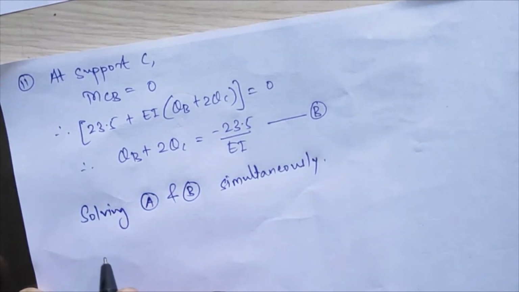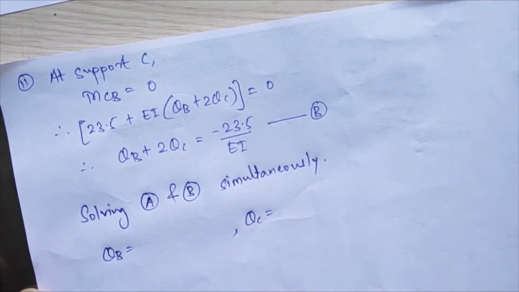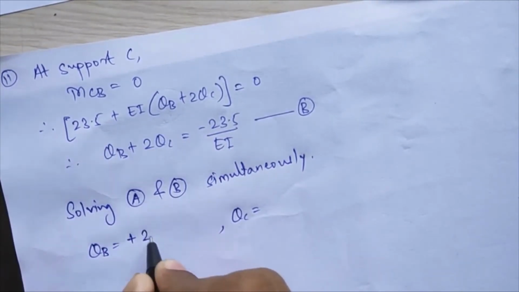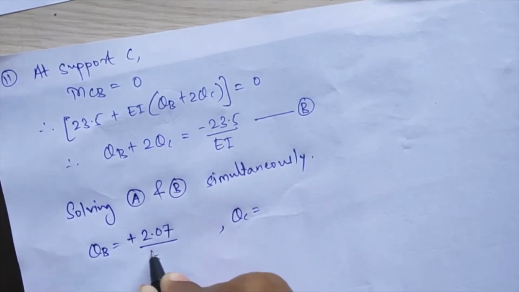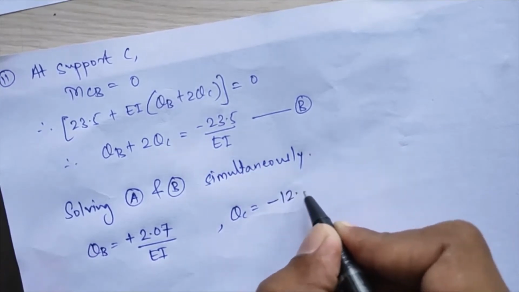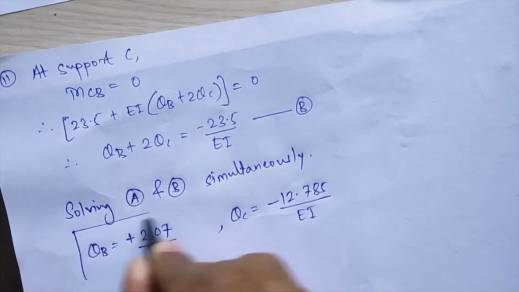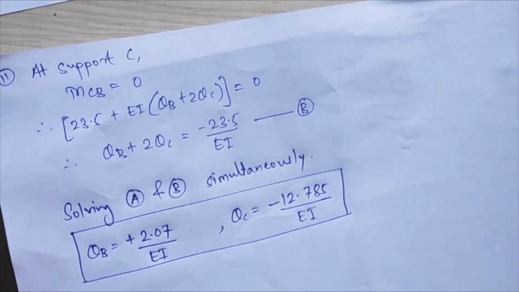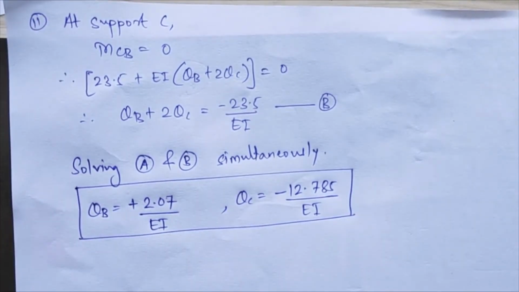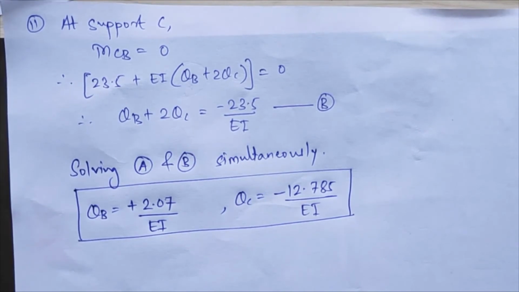If you solve that, you'll get the values of theta B and theta C. Check, I have got the value of theta B as plus 2.07 divided by EI, and the value of theta C as minus 12.785 divided by EI. So I have got my unknowns, theta B as 2.07 and theta C as minus 12.785 divided by EI.